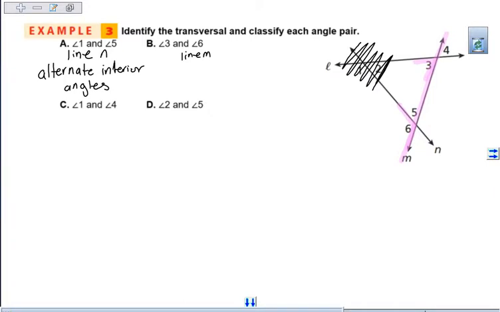Now, because line M is our transversal, that means that line N and line L are the two lines that we're looking at. And in between them is this area. So we have one interior angle and one exterior angle on the same side of the transversal. So that means that these are corresponding angles.